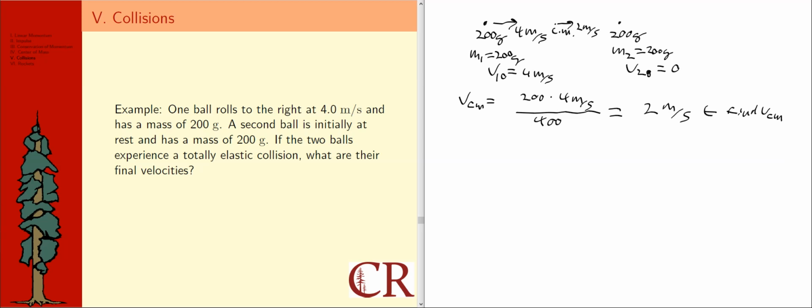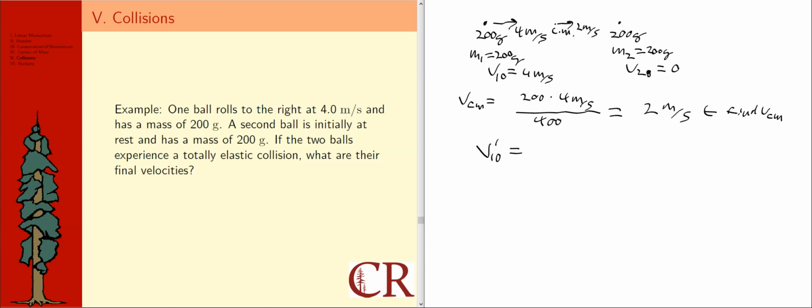Last time I looked at the picture and figured that out by visualizing things, but the basic process is you take each of these initial velocities and you subtract VCM from them. The standard notation for a physicist is to put a prime for the center of mass frame, which represents a moving frame.